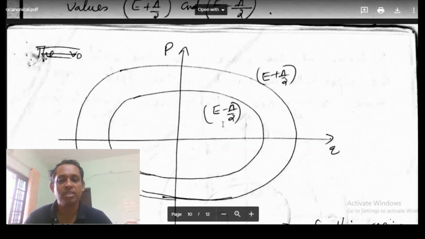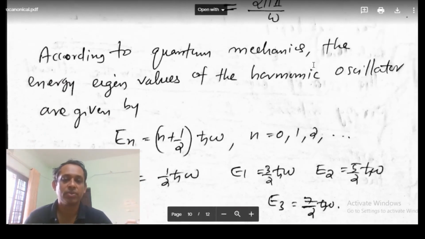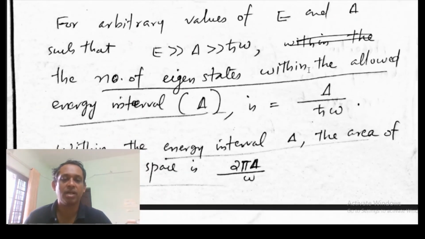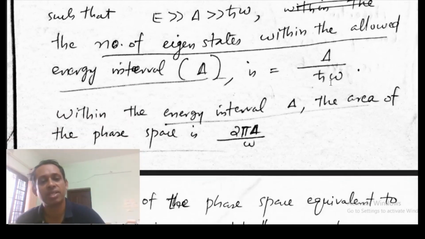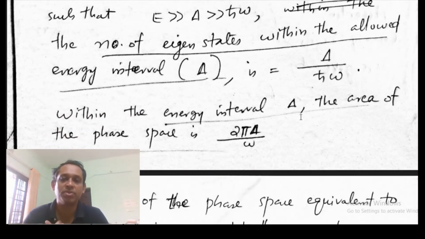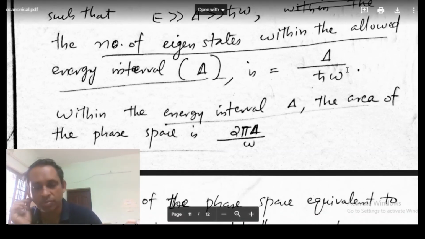So the energy difference is Δ. So in the energy difference Δ, how many eigenstates are there? Δ/ħω eigenstates are there. There is one eigenstate in the energy interval ħω. So we say the number of eigenstates within the allowed energy interval is Δ/ħω.